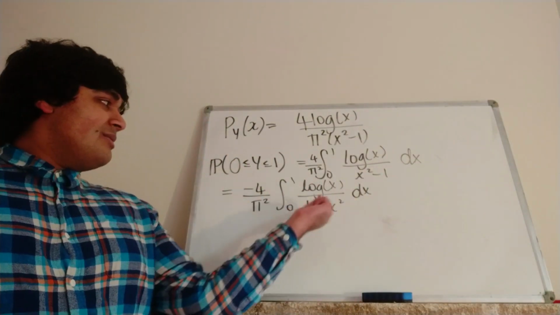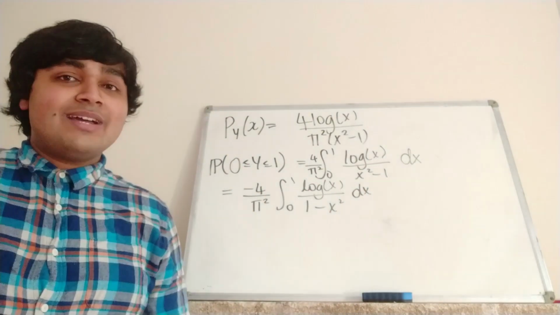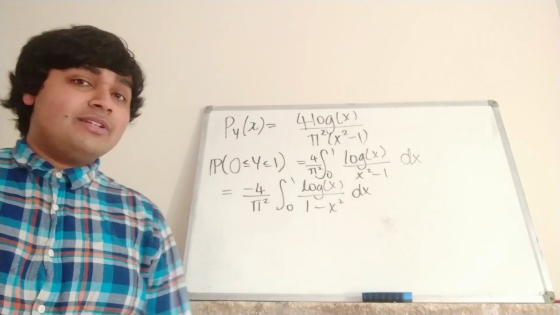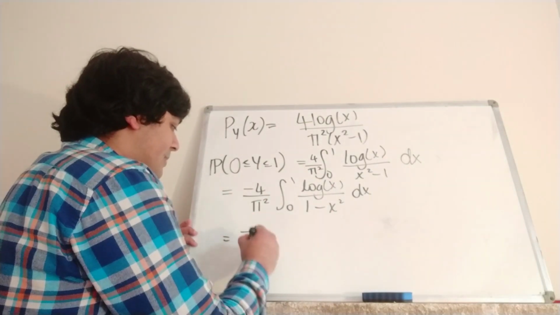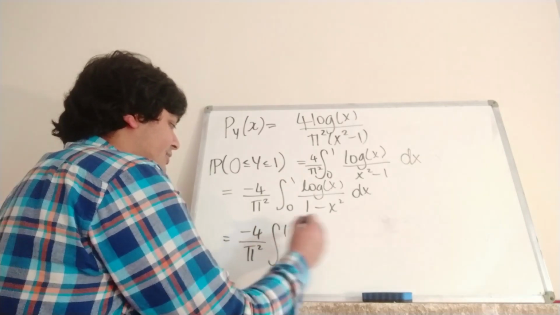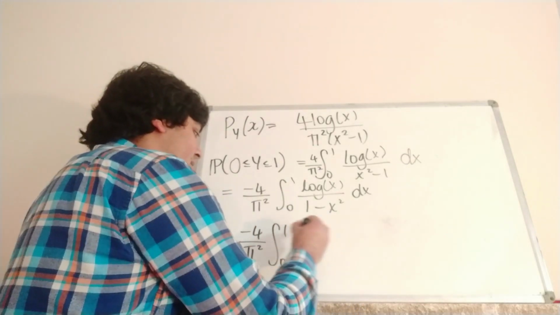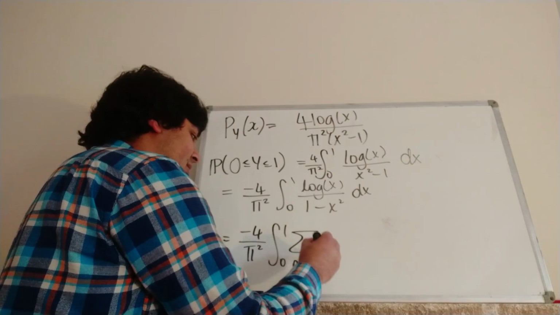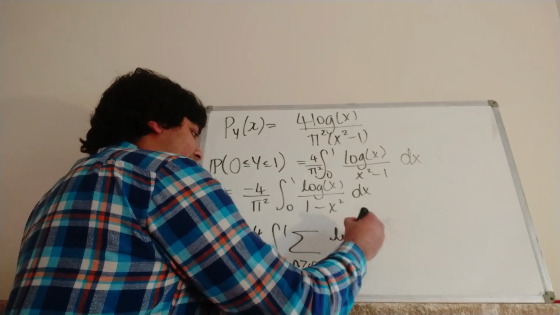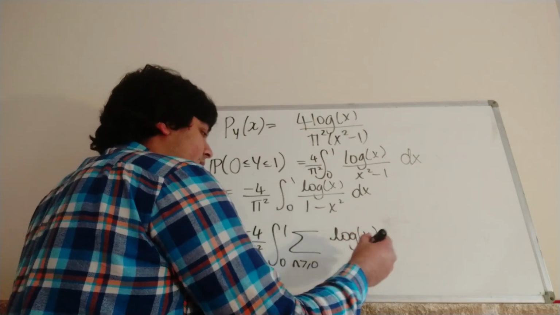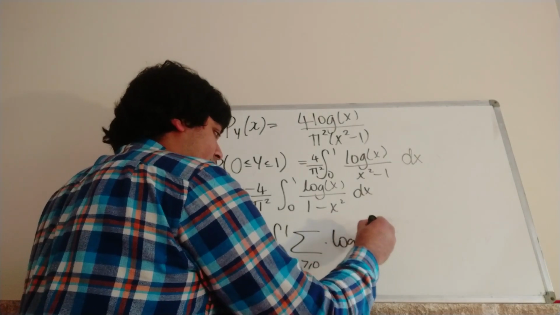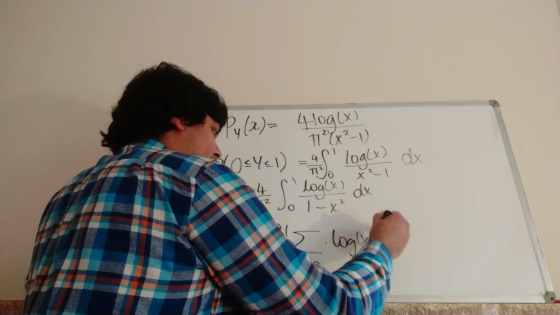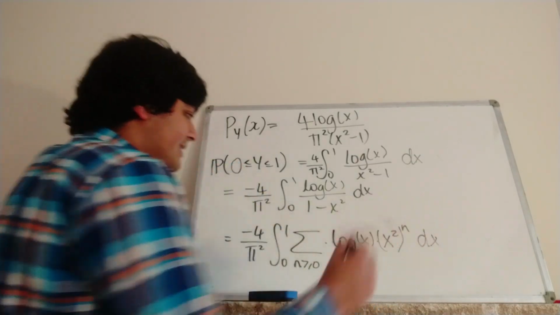But now we can notice that this thing here, 1 over 1 minus x squared, we can write using our geometric series formula as an infinite series. So this is just minus 4 over pi squared times the integral from 0 to 1 of the sum from n equals 0 to infinity of log x times x squared to the n dx.